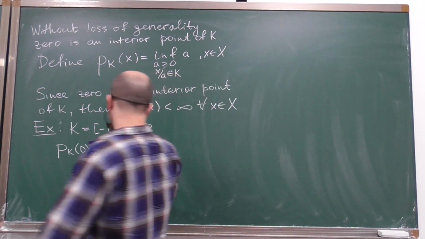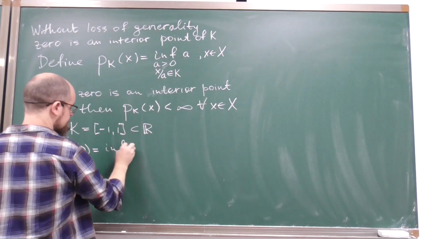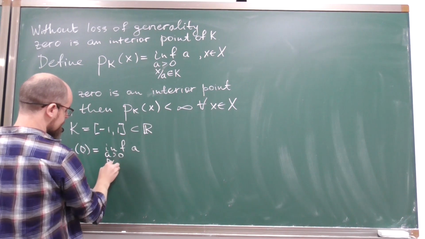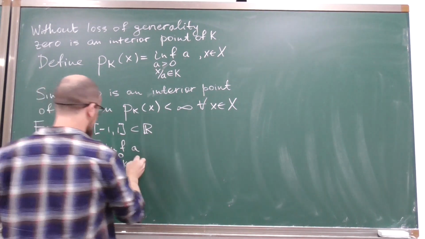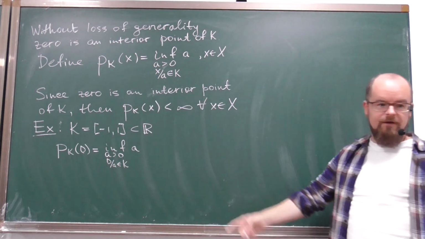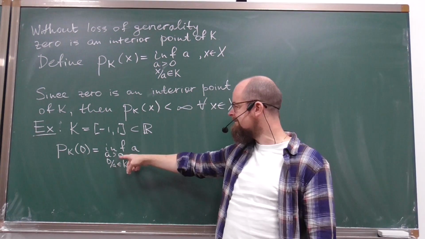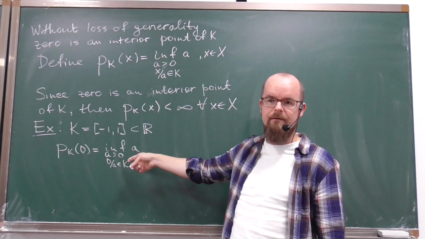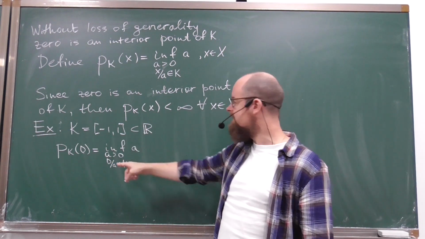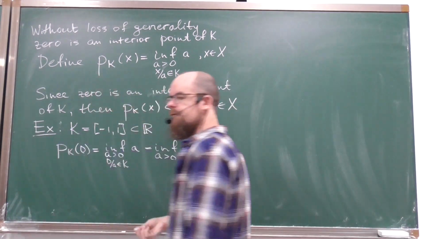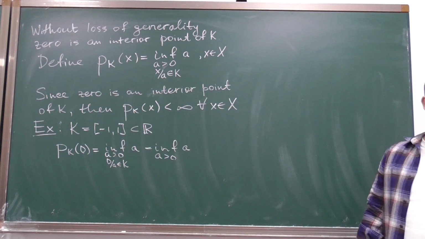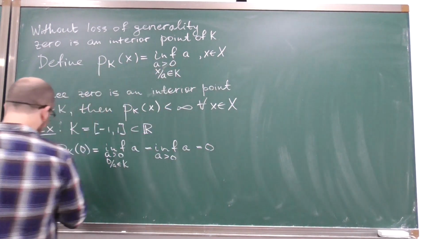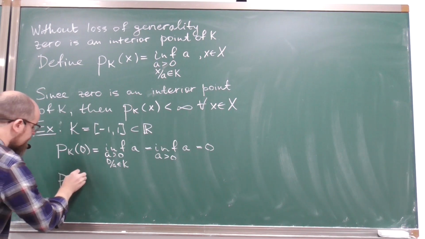So in our case, a is positive, and over here we have 0 over a belongs to K. So in fact, for any positive real number, 0 over a does belong to K. So when we take the infimum over all positive real numbers, what do we get? It's 0. Let us also compute p_K of 1.